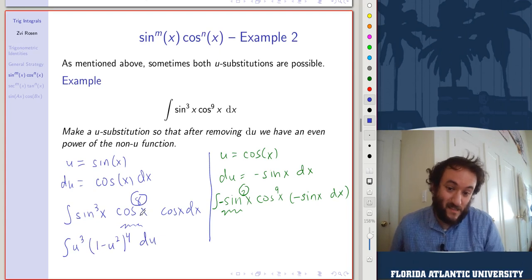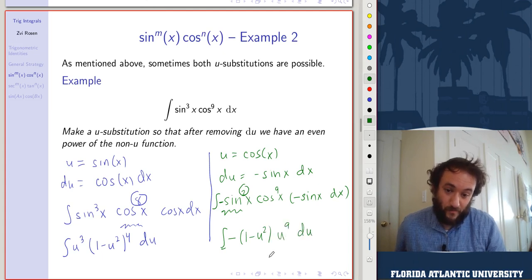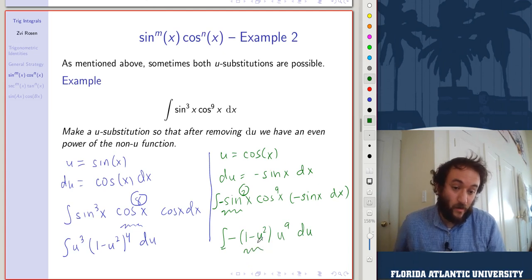Okay, and that's because this is the 4th power of cosine squared. Whereas on this option, we would end up with minus 1 minus u squared times u to the 9th du. And here, this is not raised to any power at all.